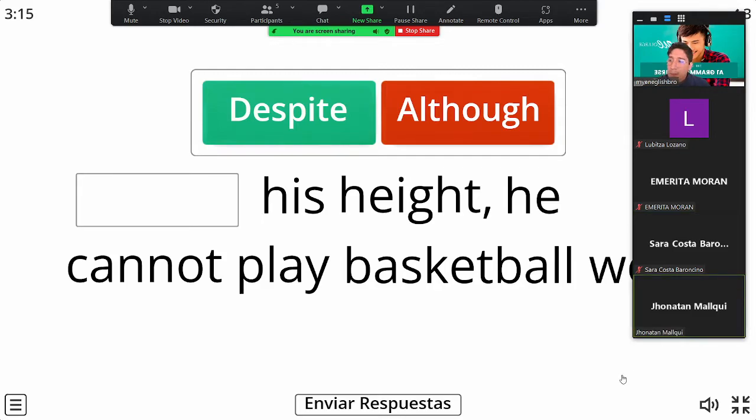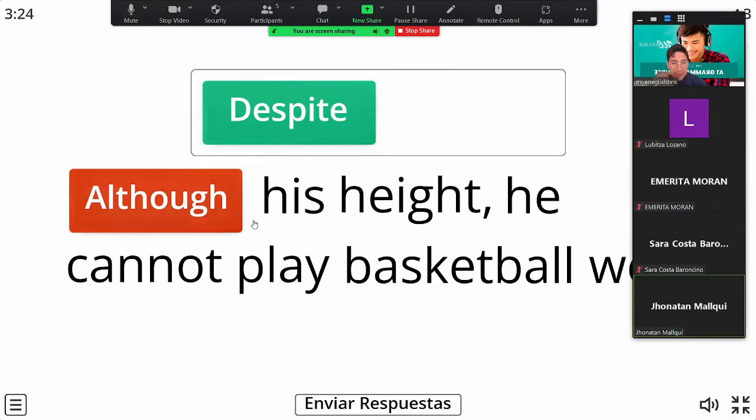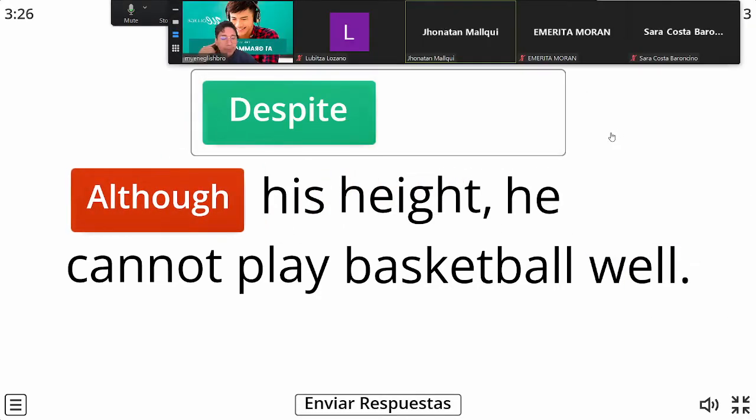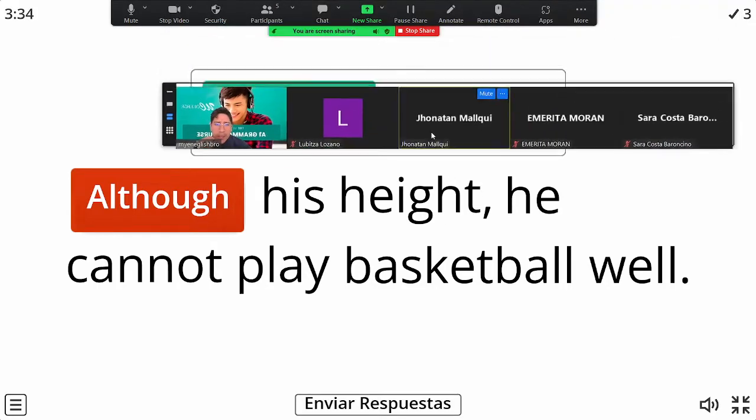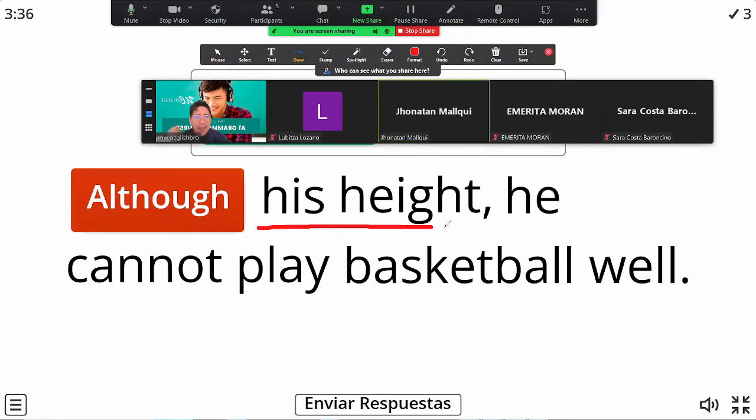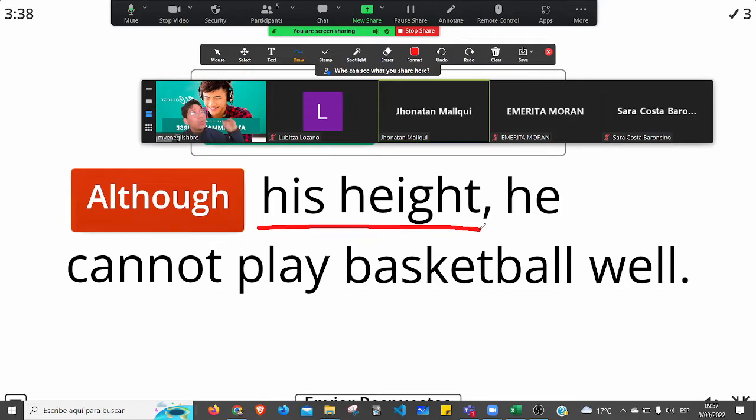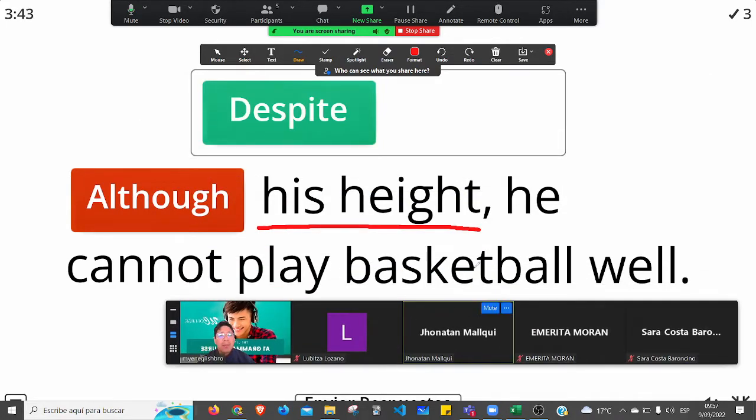Next student, Jonathan Malky, please read. But read the whole sentence. Although his hand, he cannot play basketball. Okay. Well. His height. ¿Qué significa his height? Su altura. ¿Su altura es una cláusula o es un sustantivo?